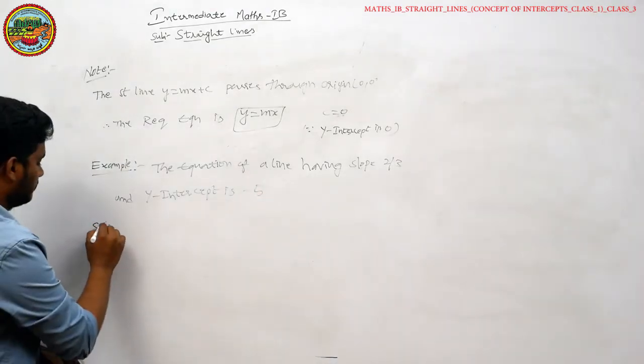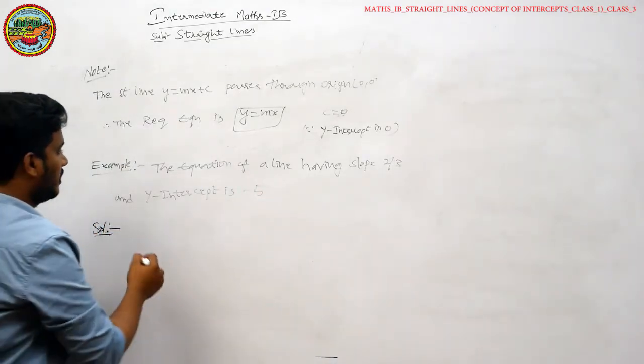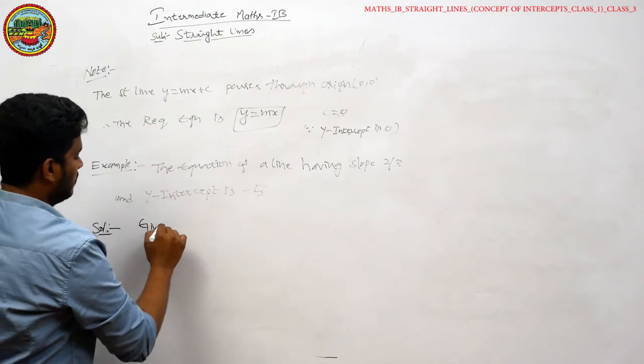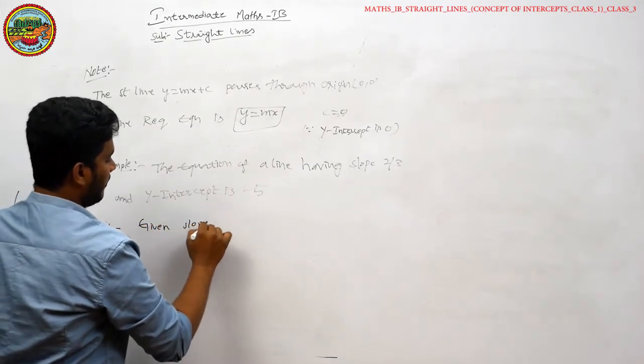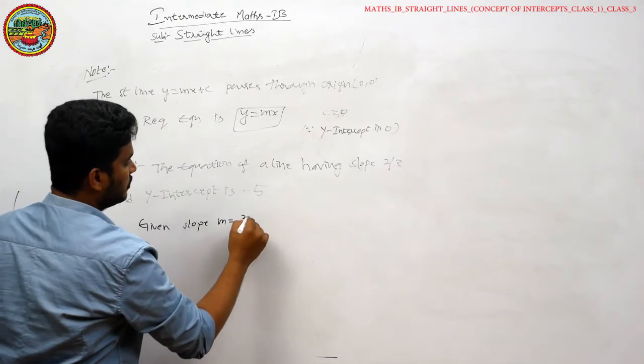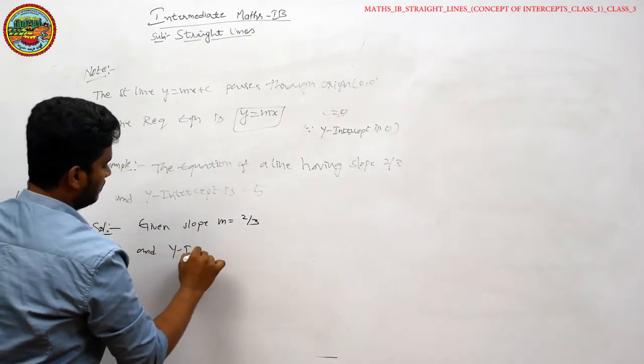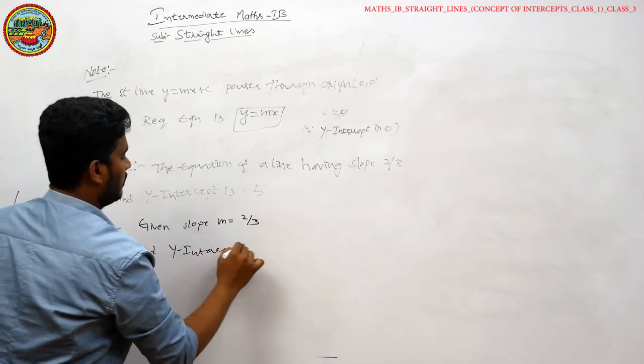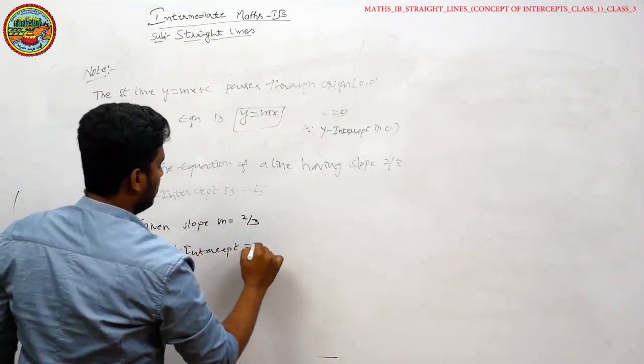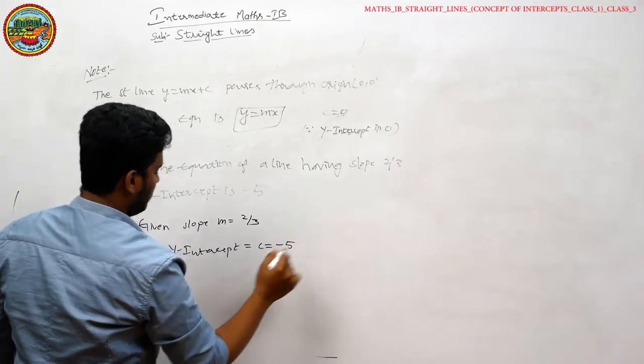So solution. Given slope m is equal to 2 by 3 and y-intercept c is equal to minus 5.